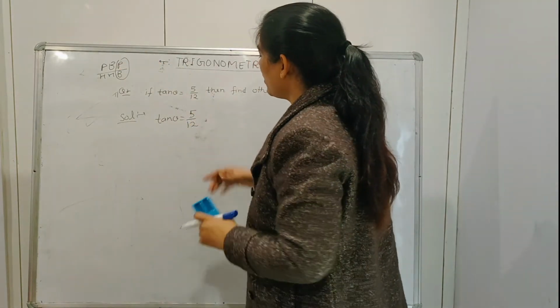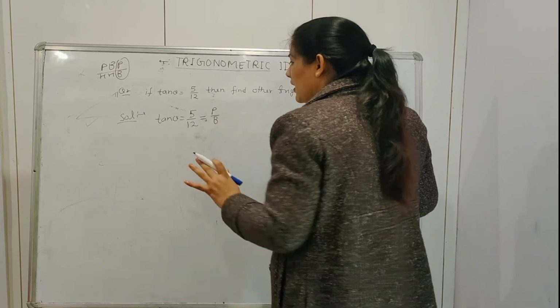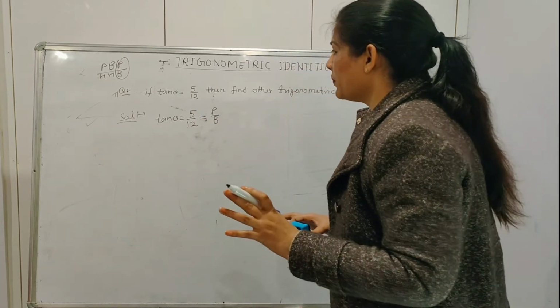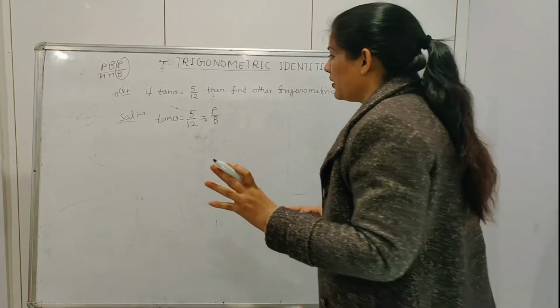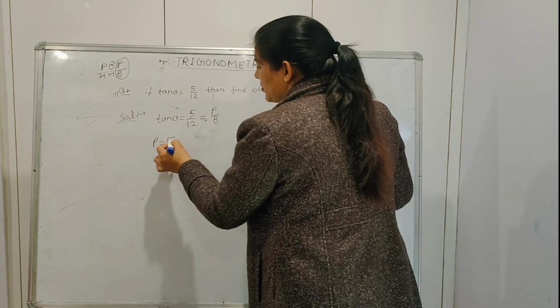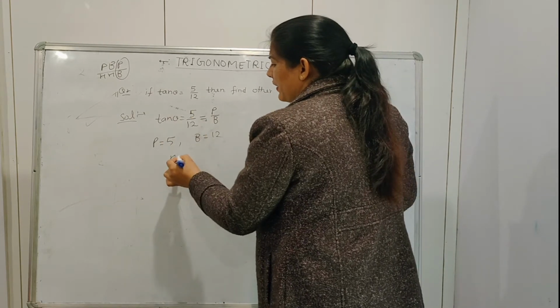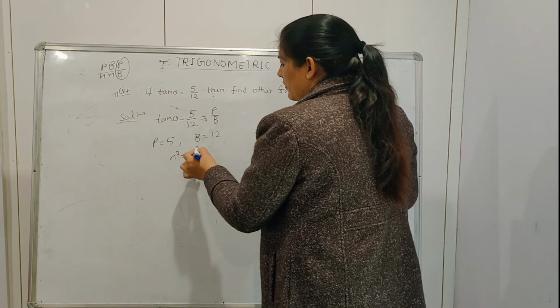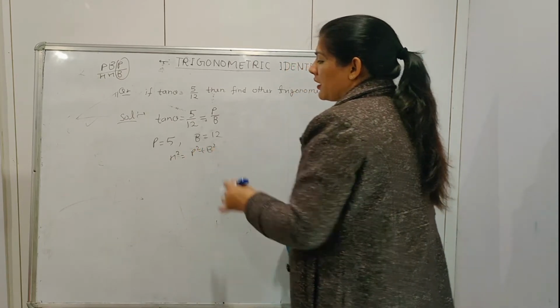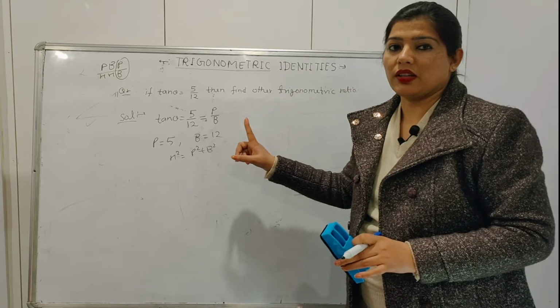So here it is equal to perpendicular upon base. Now sometimes what students do is they take p equals 5 and b equals 12, and they find h very easily, p square plus b square. But in boards the marks will be cut from here.